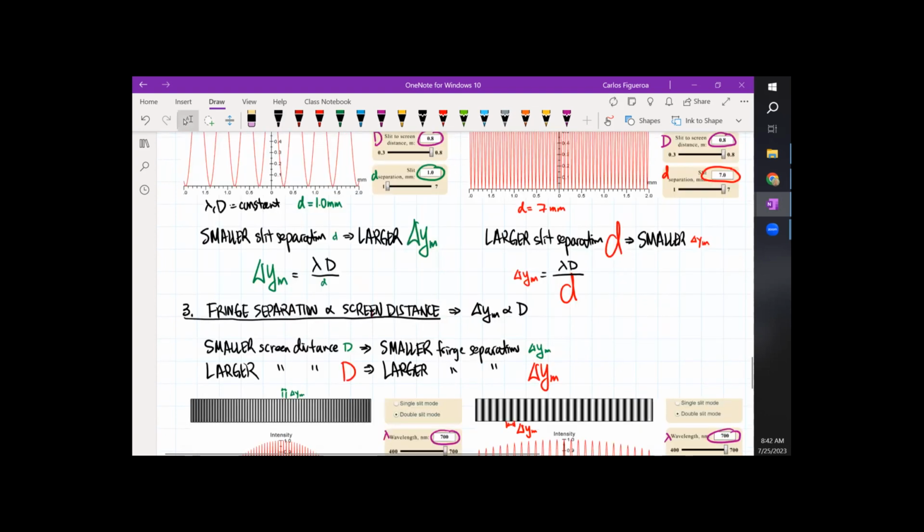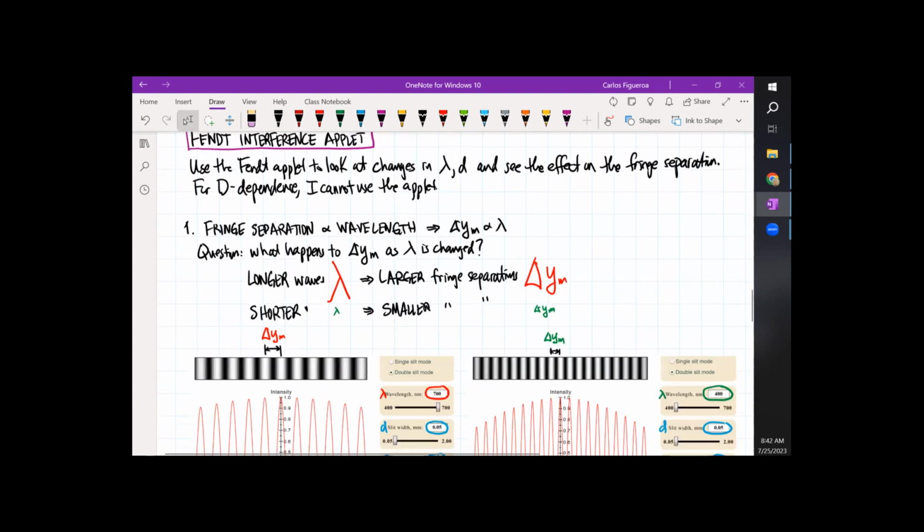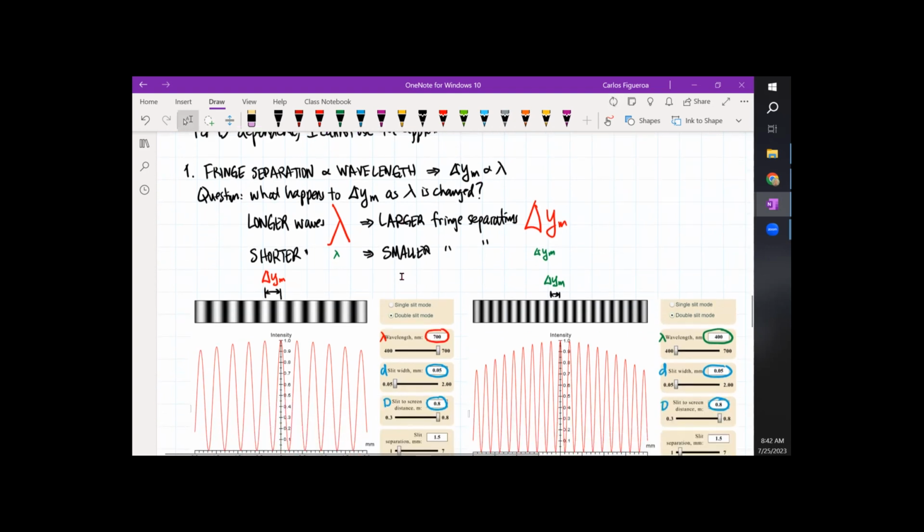Now, physically, let's go back and look at these. I didn't say anything about this, so just as a way of finishing this off here. If the fringe separation depends on the wavelength, and I change the wavelength, what happens here? One way to think about this is that physically, if the waves are longer, there are less locations where they can or will produce constructive interference.